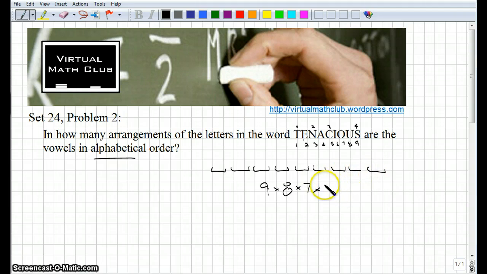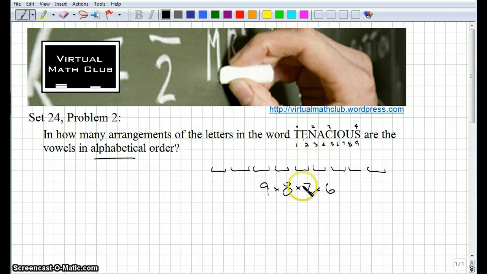Okay? So there's no restriction on the placement of the consonants, all right? And the only restriction on the placement of the vowels is that they have to be in alphabetic order. But if we place the consonants first, then we'll have 5 slots left for the vowels, and there's only one way to put the vowels in alphabetical order, right?